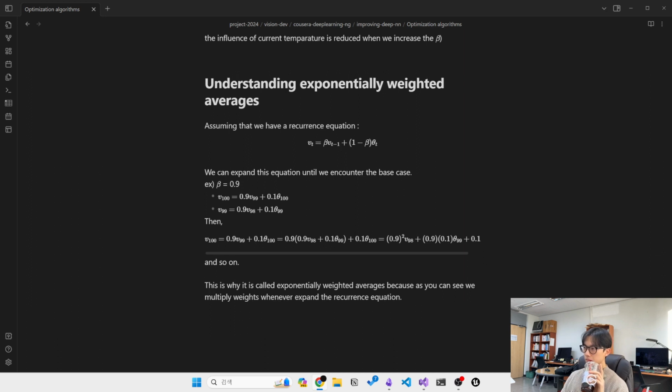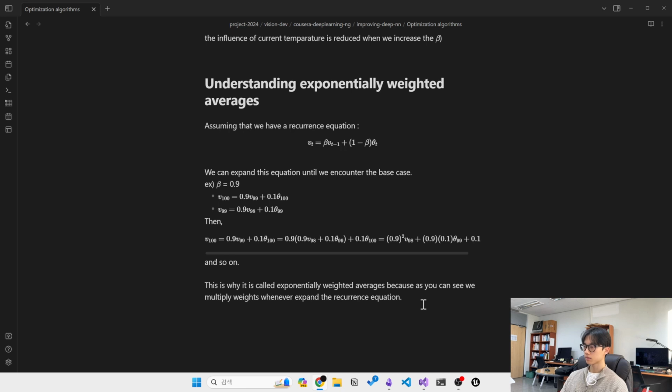So this is t equals 100, 99, 98, and so on. So you have some number of days of temperature, and what we have is then an exponentially decaying function, starting from 0.1, then 0.1 times 0.9, then 0.1 times 0.9 squared, and so on. So you have this exponentially decaying function.